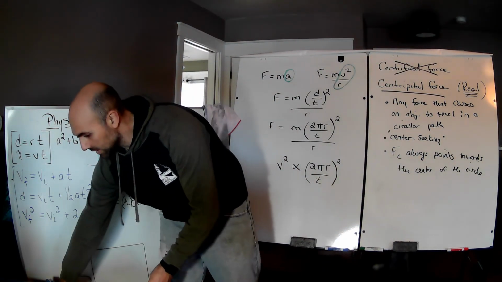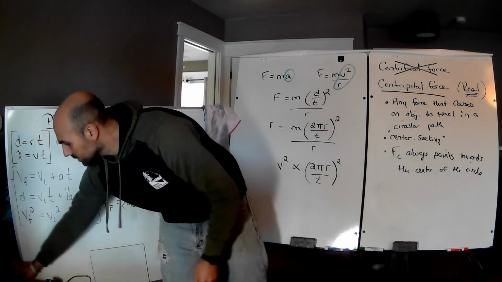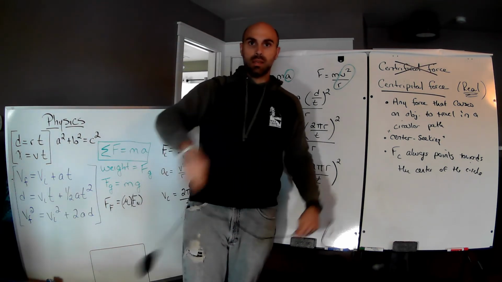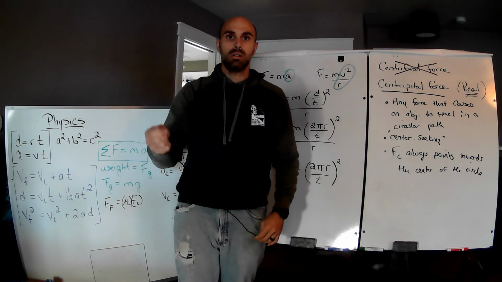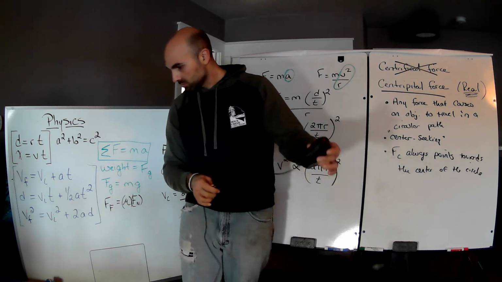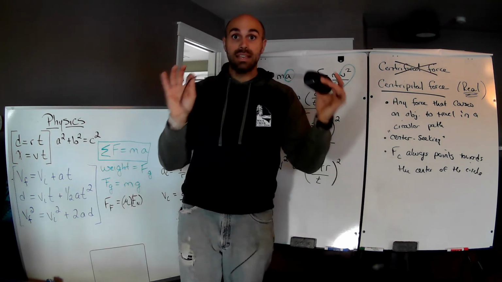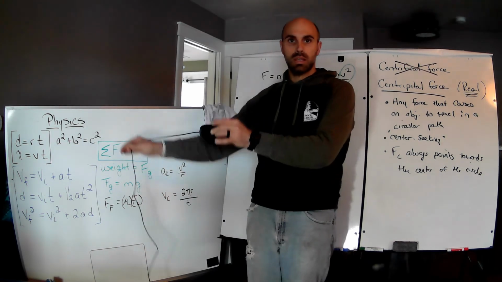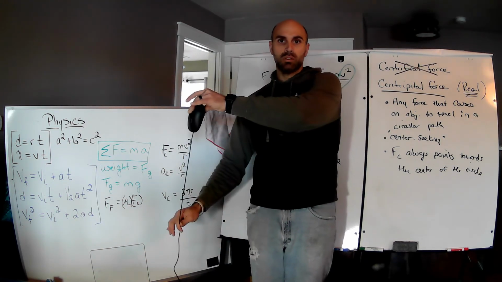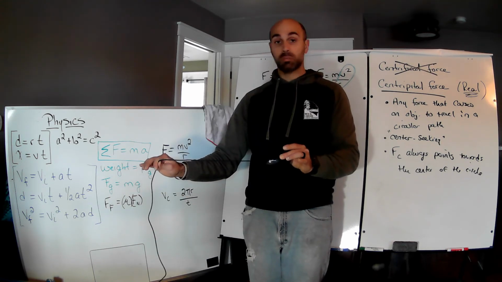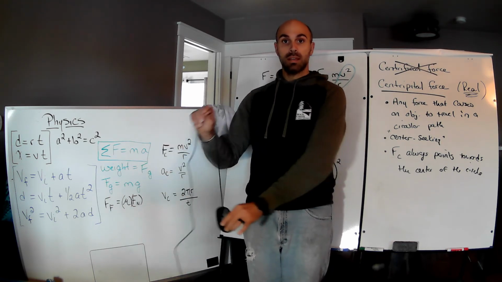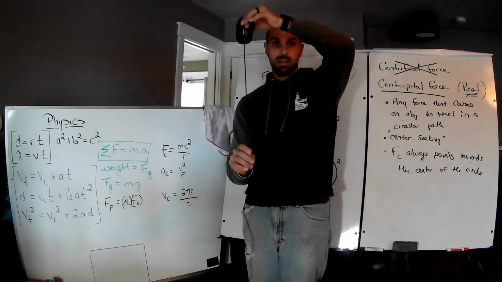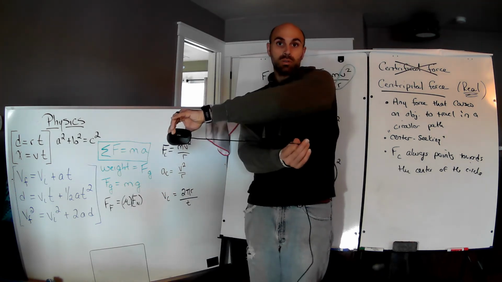So if we again were looking at this mouse right here, and we're spinning him around, let me get in front of a whiteboard. His force right now is pointing down. The force right now is pointing away from me towards my hand. Right now it's pointing up towards my hand, down towards my hand, over towards my hand.